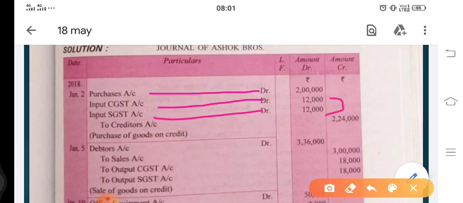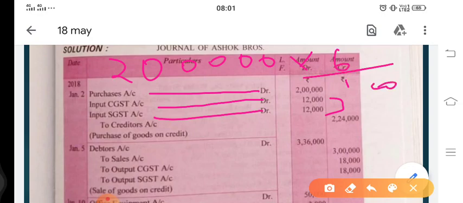How did this 12,000 come into the picture? Simply, as we have discussed, the goods cost rupees 2 lakh and the rate of CGST and SGST is 6%. So 6% of 2 lakh comes to 12,000 each. That is why this 12,000 is coming into the picture.